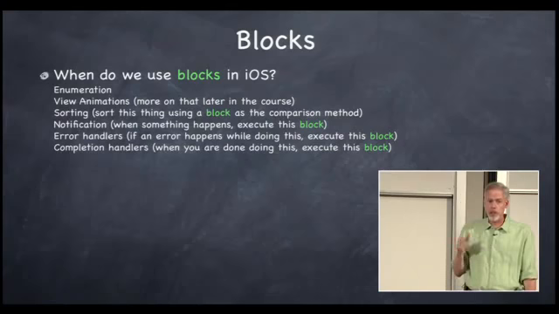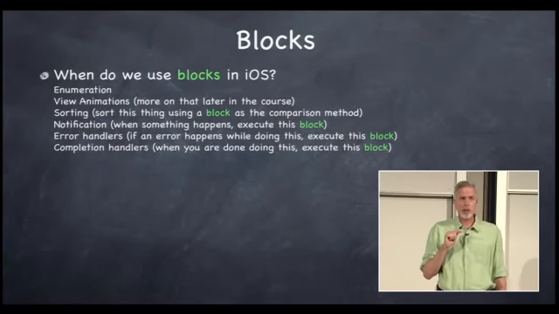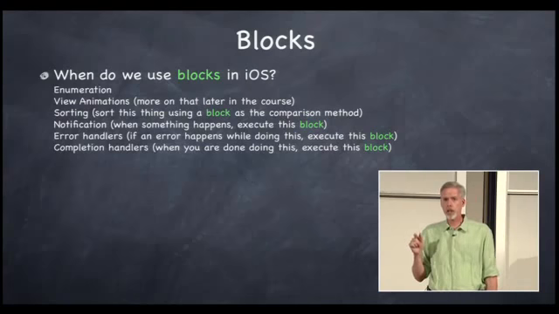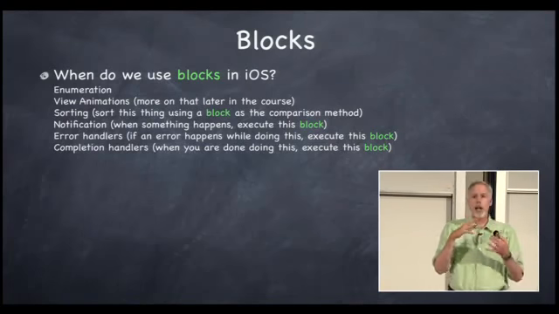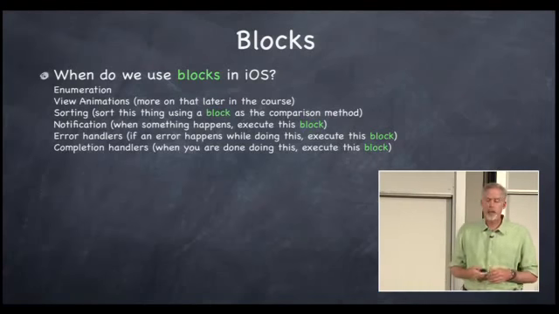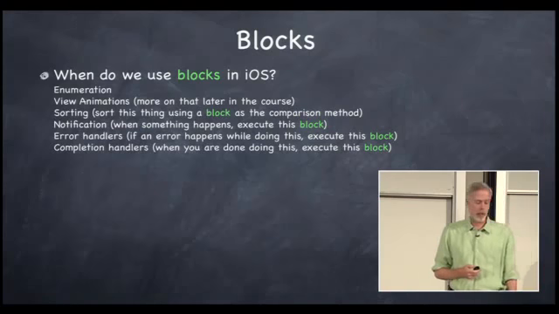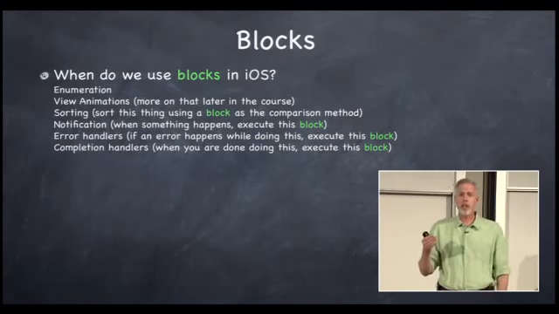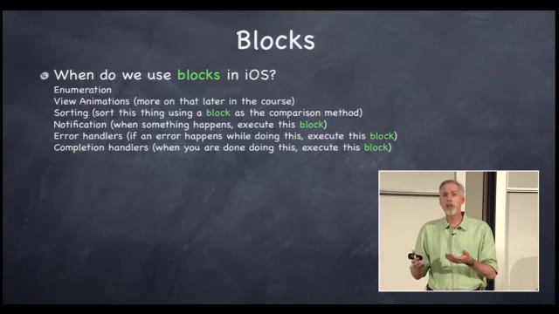View animations, you saw that as the last example I used on the previous slide. We're going to talk about view animations in a future lecture. That's a mechanism for animating the opacity and the affine transform of a view. That stuff is all done with blocks, and we'll talk about how that's done. Sorting, we've already seen where we specify a selector for sorting.